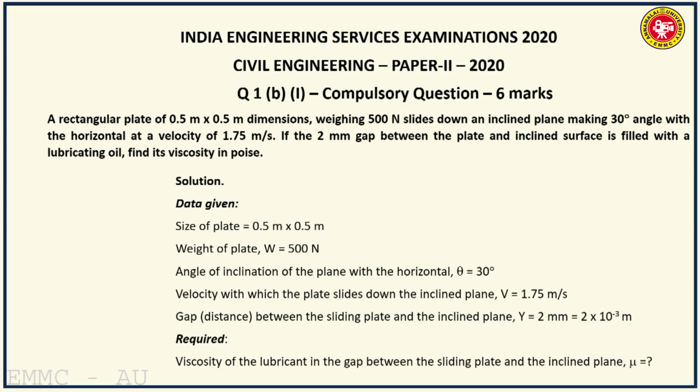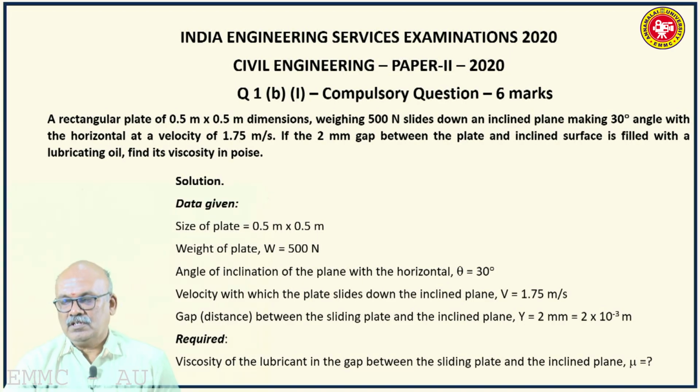A rectangular plate 0.5 meter by 0.5 meter dimensions weighing 500 newtons slides down an inclined plane making 30 degrees angle with the horizontal at a velocity of 1.75 meters per second. If the 2 millimeter gap between the plate and inclined surface is filled with a lubricating oil, find its viscosity in poise.